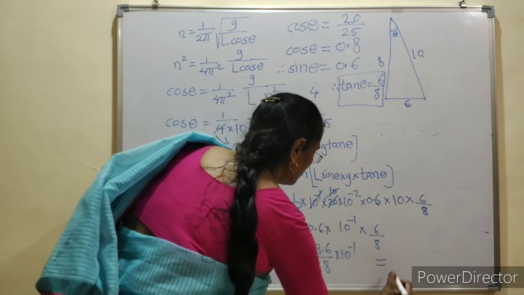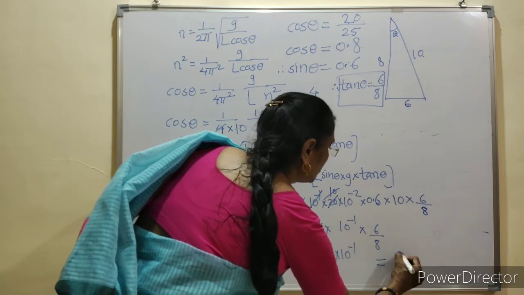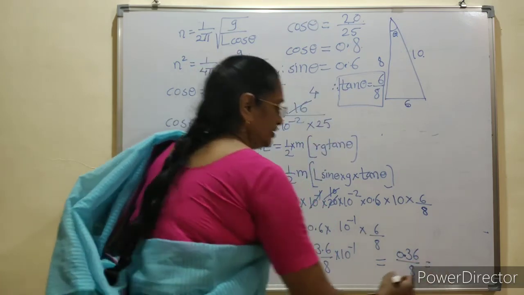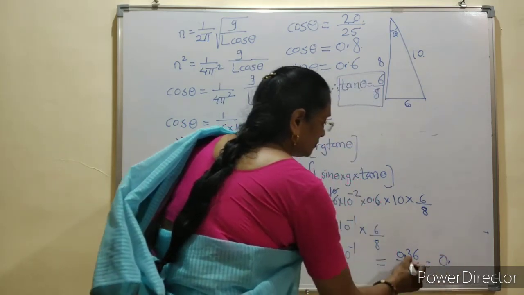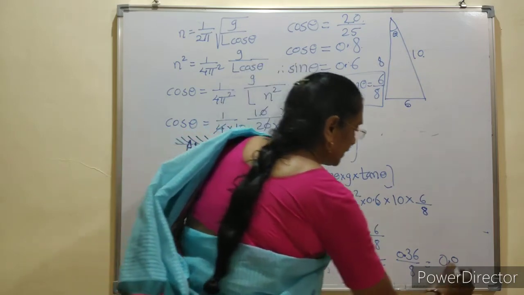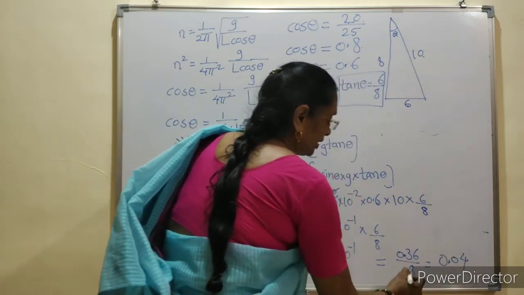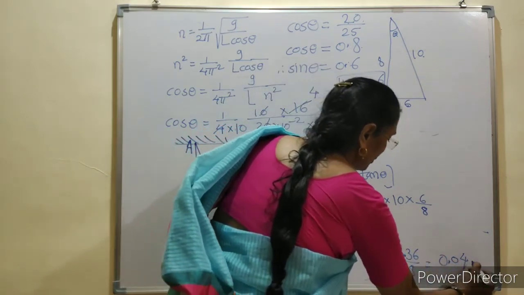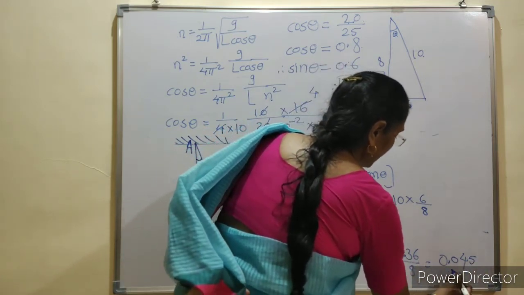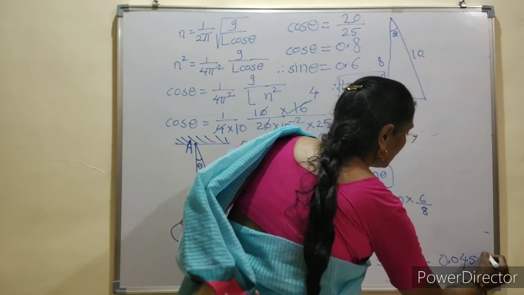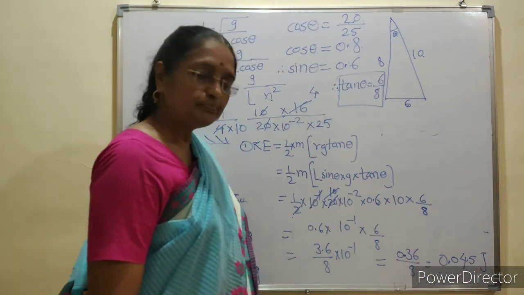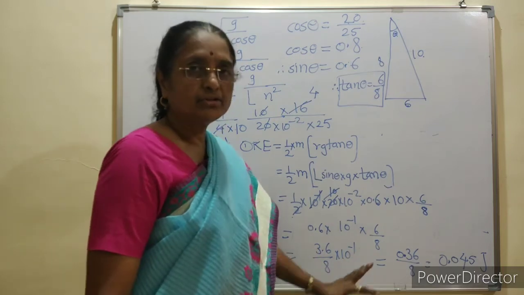It can be equal to 0.36 divided by 8. Here 8 into 4 is 32 and then 2 is the remainder, and we get 0.045 joule as the kinetic energy.